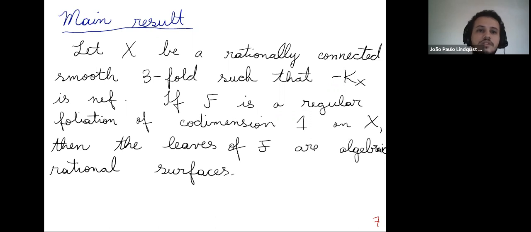So let X be a rationally connected smooth threefold such that minus K_X is nef. If F is a regular foliation of codimension 1 on X, then the leaves of F are algebraic, and moreover, they are projective, smooth, rational surfaces.